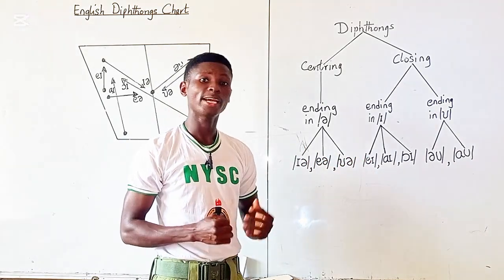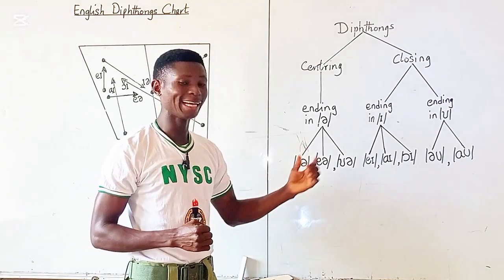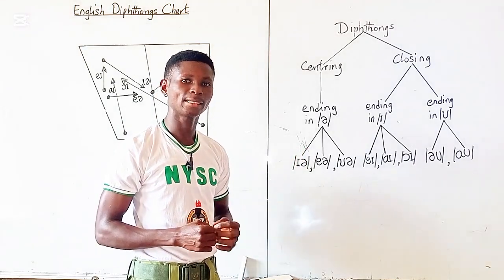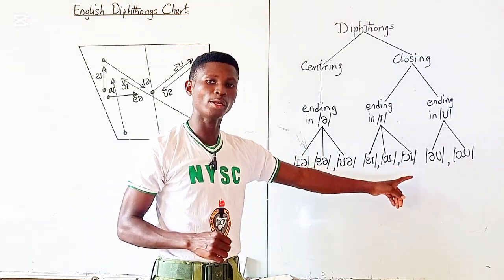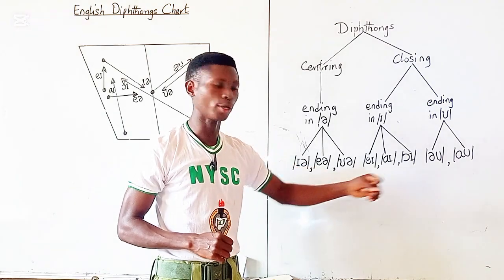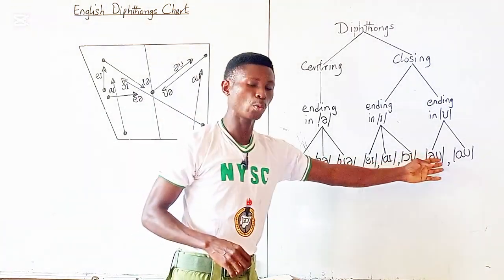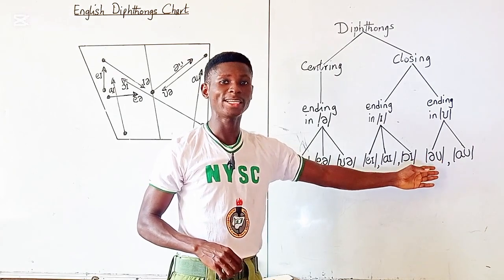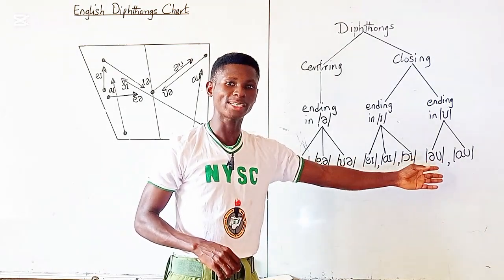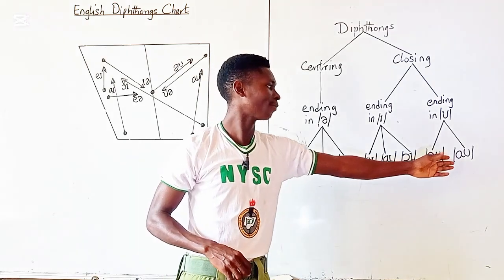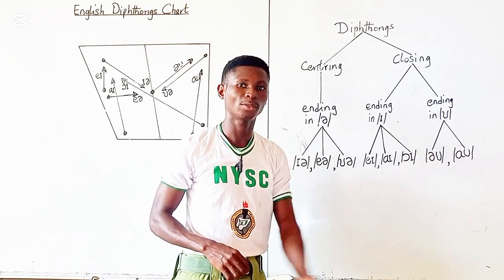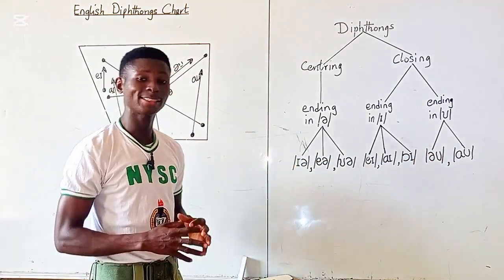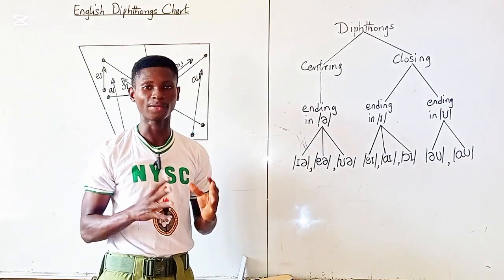I can be seen in the word height, and so on. We have oi as in toil, toy, boy. We have o as in no, note, go, slow. We have ow as in cow, bow, mount. So these are the 8 diphthongs of English language.